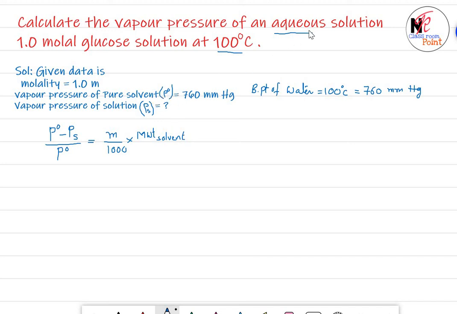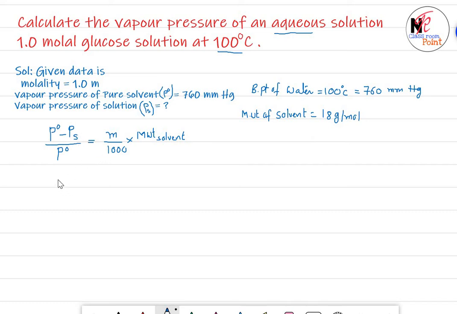Solvent is water here because aqueous solution they said. So molecular mass of solvent is equal to 18 gram per mole.